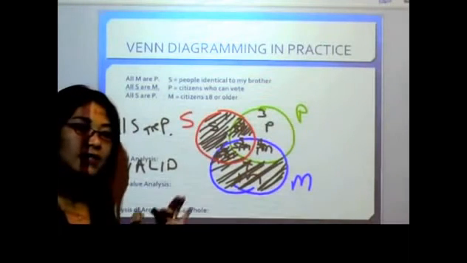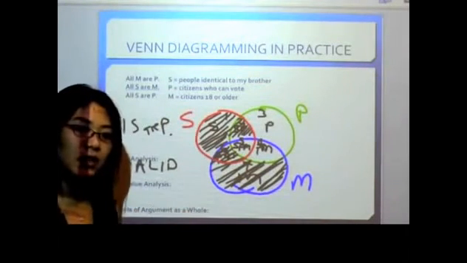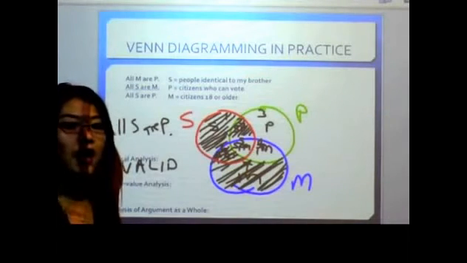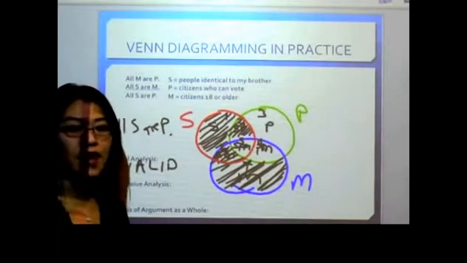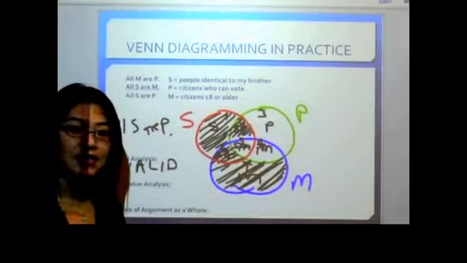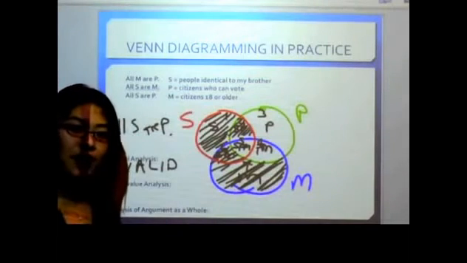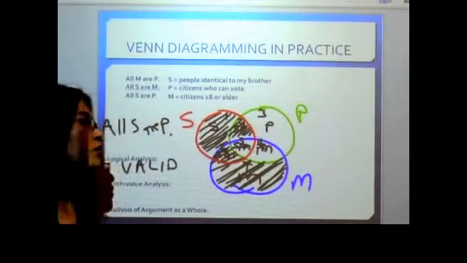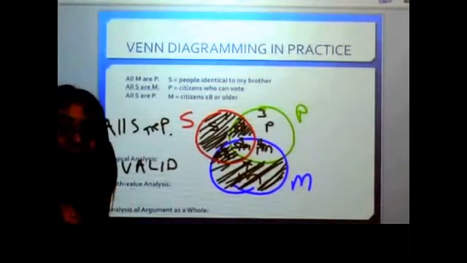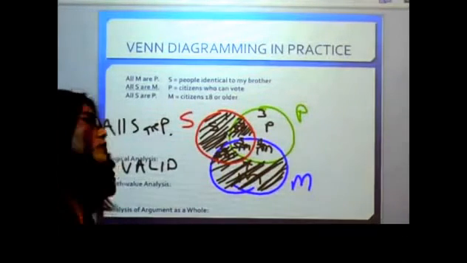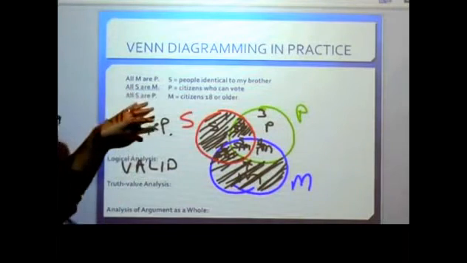Now, besides evaluating the reasoning of the argument, we also want to ask, are the premises actually in fact true? This is not logical analysis but truth value analysis. So we ask, are these premises actually true?